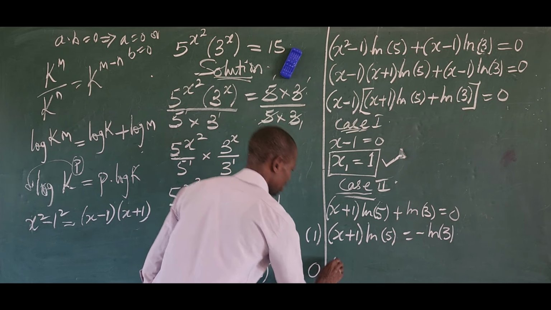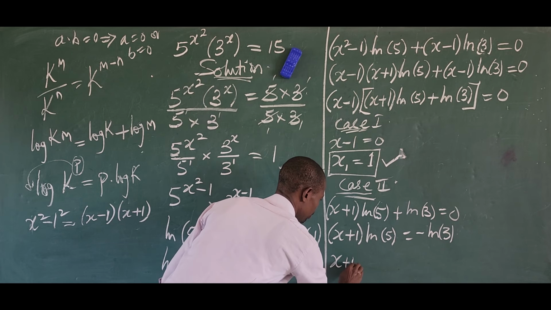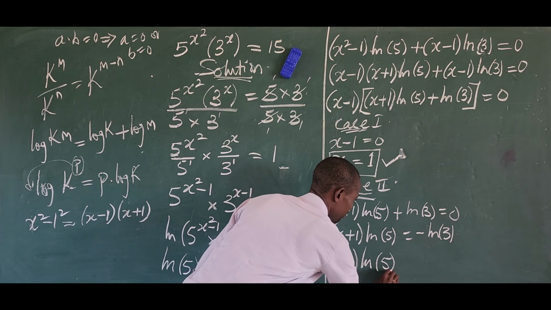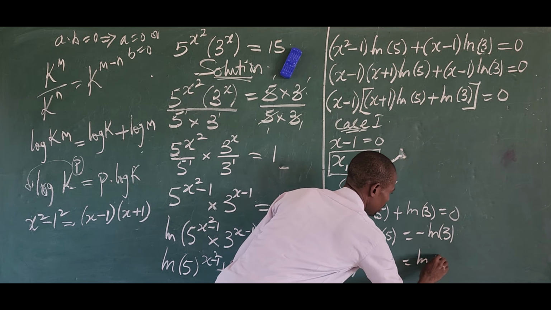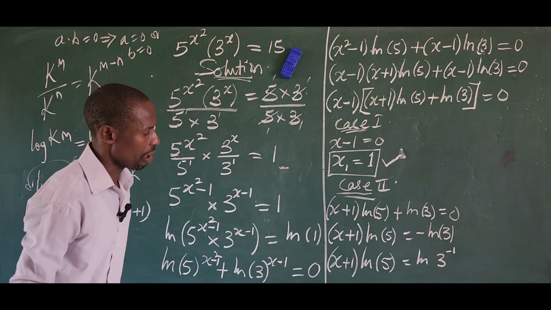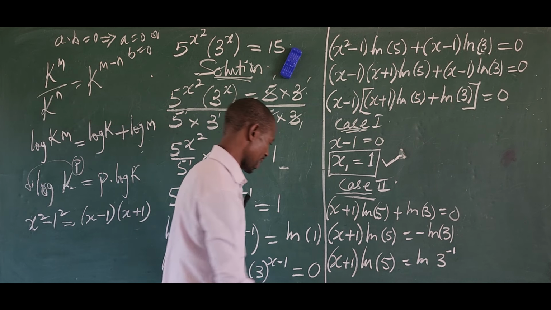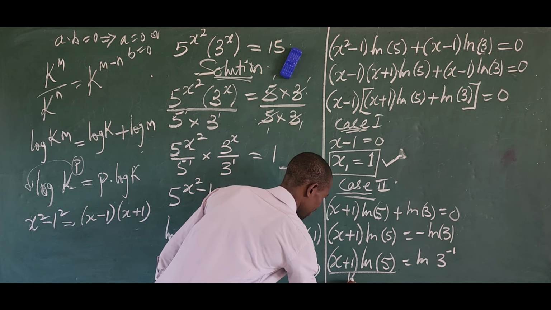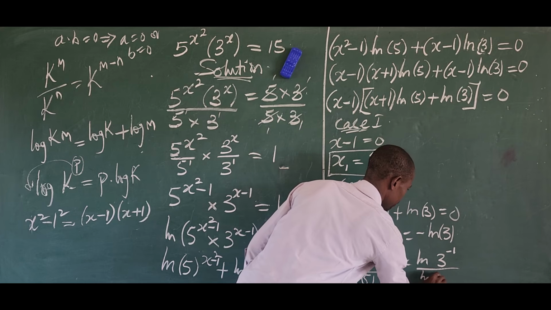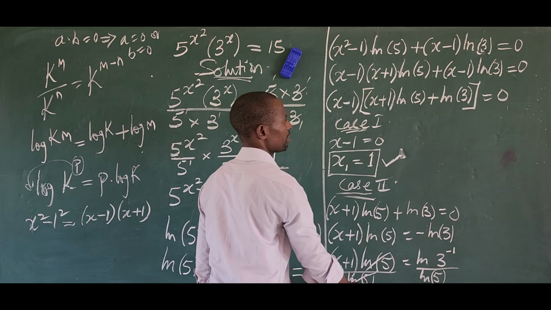But before dividing, let's rewrite this here as 1 bracket times the ln of 5 equal to the ln of 3 raised to power minus 1. Okay, so at this point, we have to divide by ln of 5. I want to believe this side is still divisible by ln of 5.